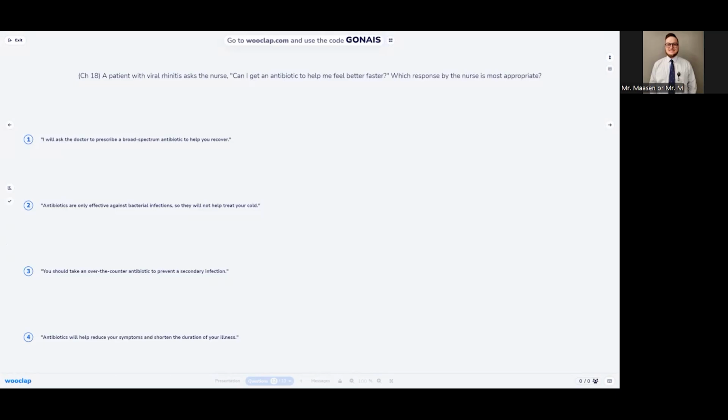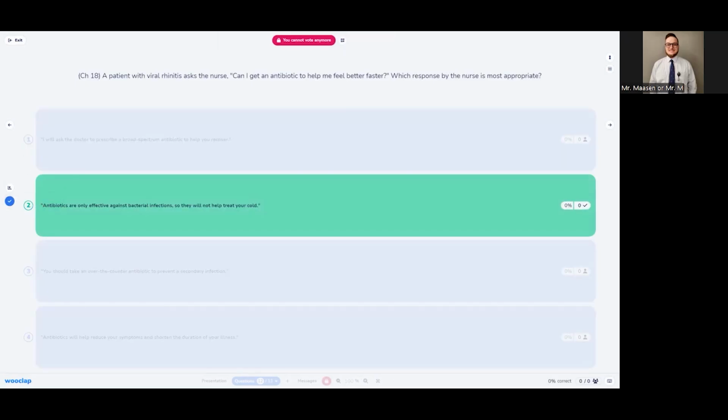So a patient has viral rhinitis, and they ask the nurse, "Hey, can I get an antibiotic to help me feel better faster?" Which response by the nurse is most appropriate? Hopefully, answer number two. Antibiotics are only effective against bacteria.